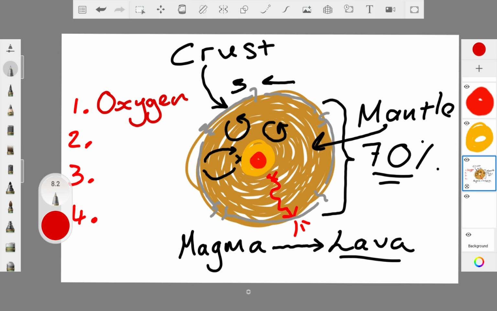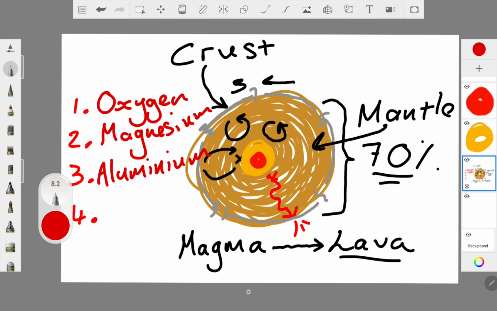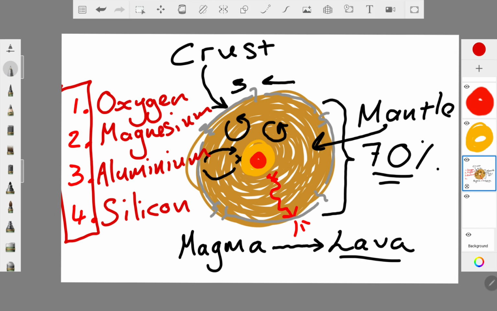Second one, speaking of metals, it is magnesium. Magnesium is a very common metal in the mantle. And another very common metal, aluminium. And lastly, you'll find a lot of this in sand, silicon. These are the 4 main elements that our planet is made from.